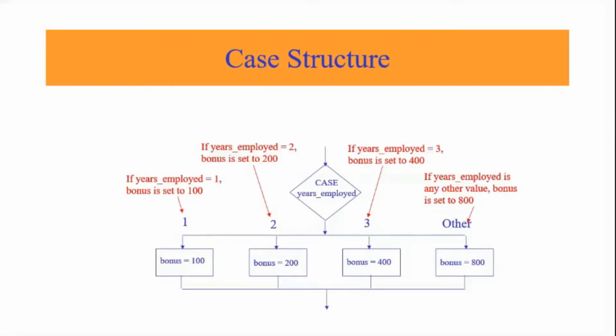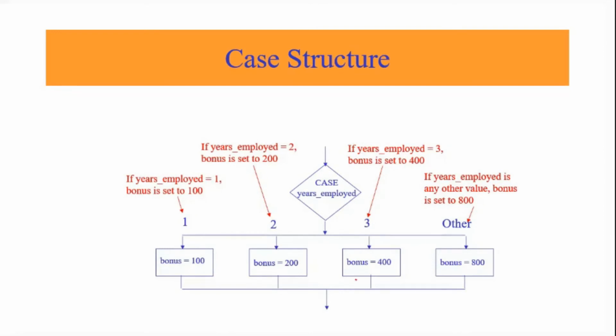So then the last structure, that is a case structure. A case structure comes up when a condition check results in multiple answers instead of a yes or no answer. If it has multiple values coming up, we go for a case structure.